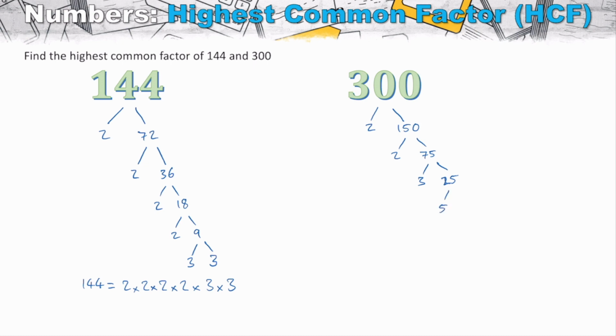It can be divided by 5, which is our next prime, and that'll be 5, and all those are prime numbers. So 300 can be represented as 2 times 2 times 3 times 5 times 5.